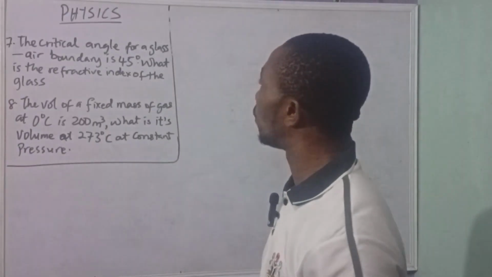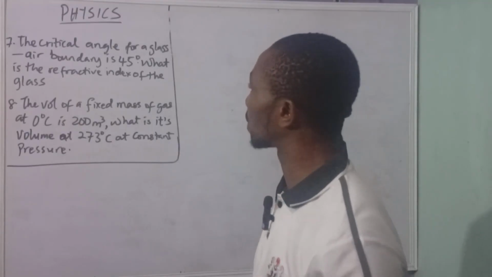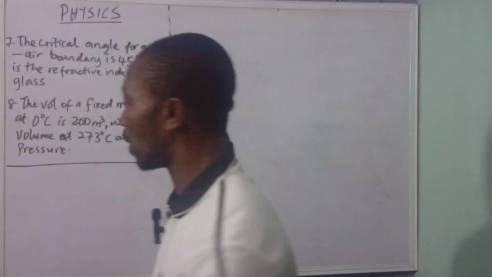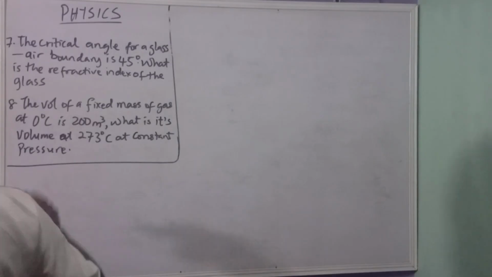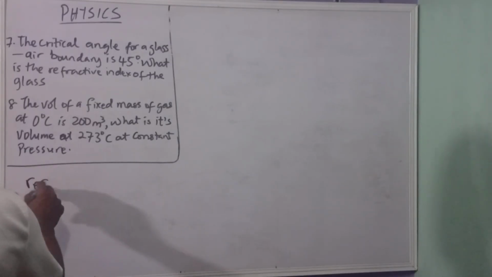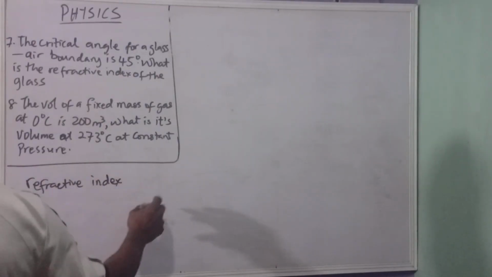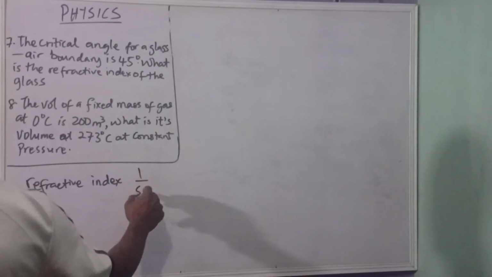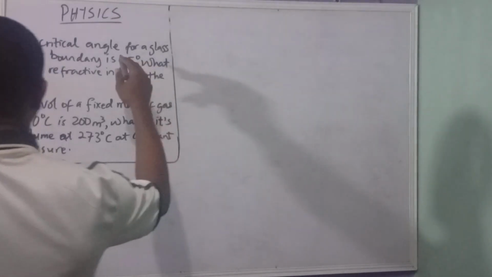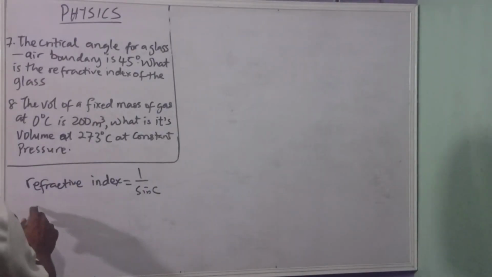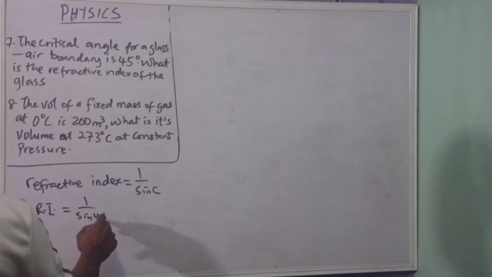The critical angle for a glass to air boundary is 45 degrees. What is the refractive index of the glass? Now, looking at our refractive index, we have 1 over sine c. Our angle here is 45 degrees, so our refractive index would be 1 over sine 45.